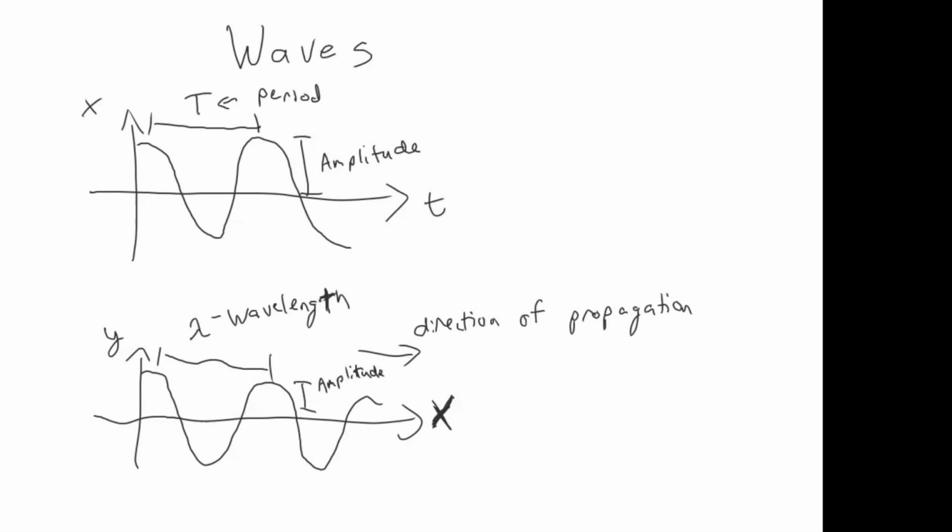And so depending on which graph you're looking at, the distance from peak to peak is either the period if the x-axis is time, or its wavelength if the x-axis is a distance. Okay. So because waves move in a direction, they're going to have some velocity associated with them. So that would just be v, which is the velocity.